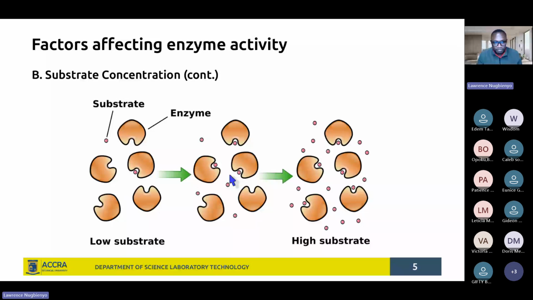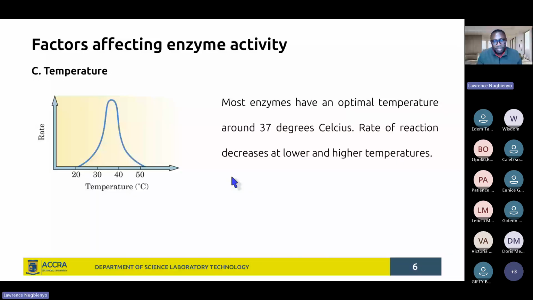The third is temperature. So how does temperature affect the rate of a chemical reaction, a biochemical reaction?